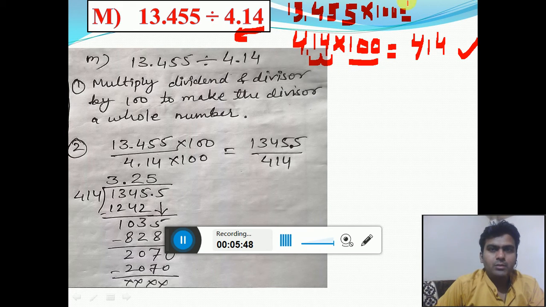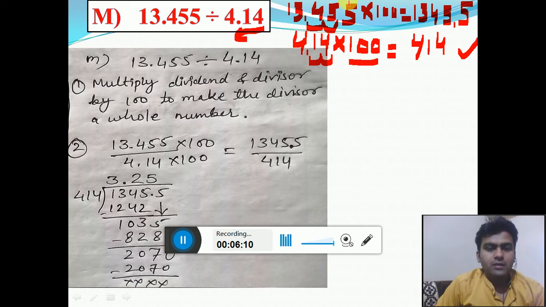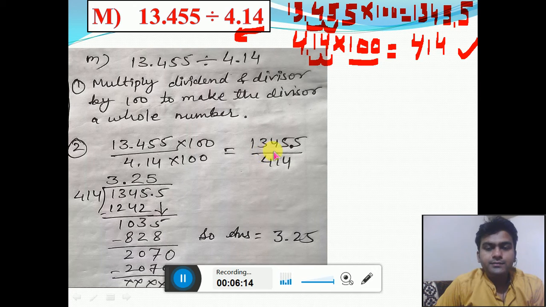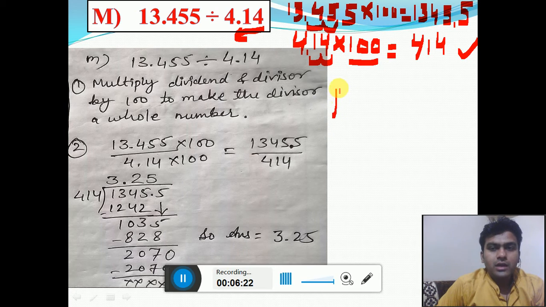By multiplying the dividend by 100, the decimal point will move 2 places, so the number will become 1345.5. Now we can easily divide this number 1345.5 by 414. So now write down the number.